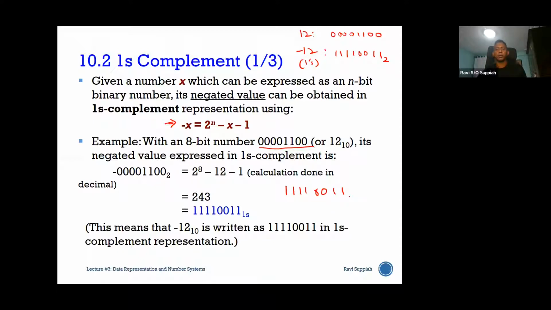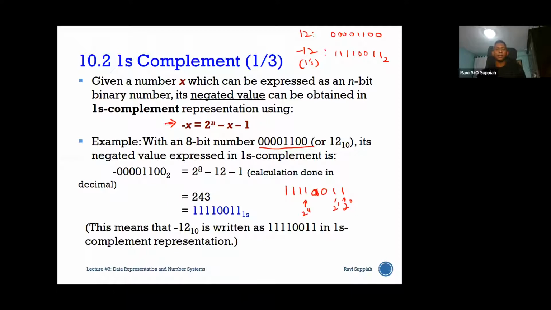Then you do the weighted position, which is 2 to the power of 0 times 1, then 2 to the power of 1, 2, 3, 4, and so on, correct? And then you add up everything and you will get 243.